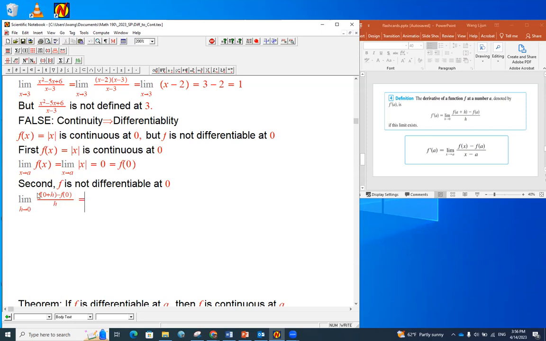To simplify, because we have 0 plus h, we can simply say f of h, and the rest is just plugging in. f of 0 we already know is 0, and f of h is the absolute value of h.